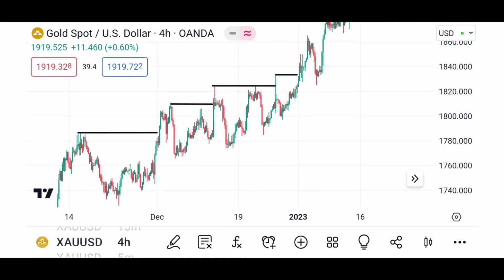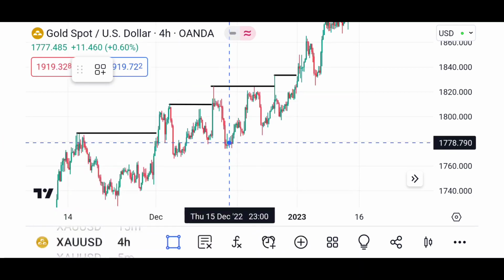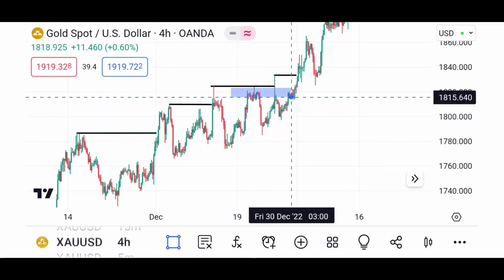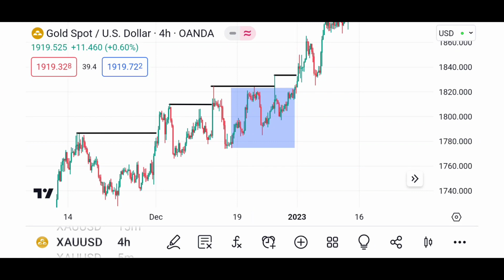Then the next, it made another impulsive wave to cause a break of structure. And after that break of structure, you can see the deep pullback into our trading range. Where is our trading range? From the break of structure to our higher low.